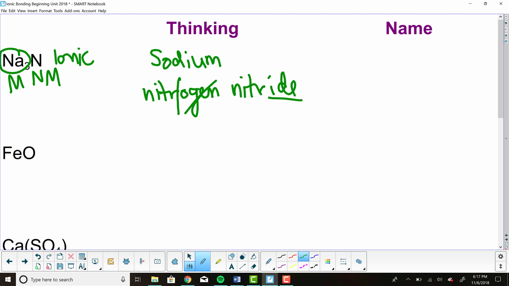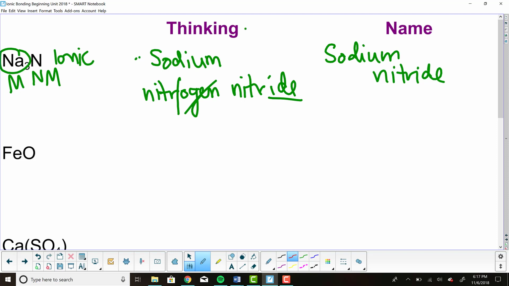We're going to change the ending of the anion to an IDE ending. The cation, sodium, that just stays how it is. We don't have to mess with that. But we do have to change the ending of the anion. So our name becomes sodium nitride.